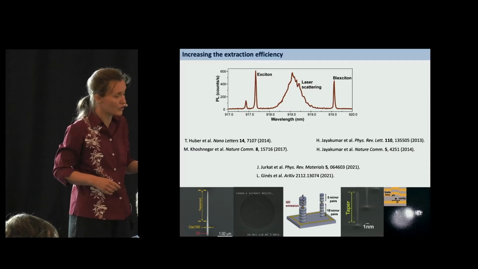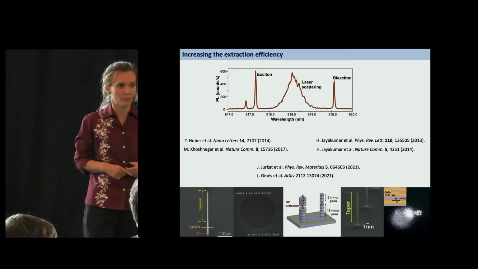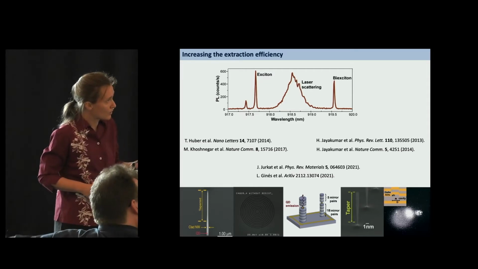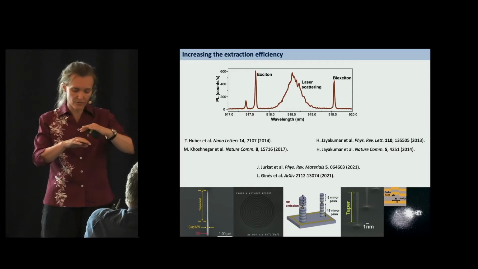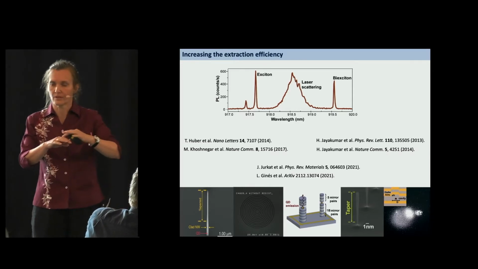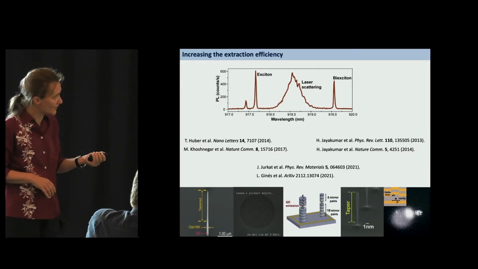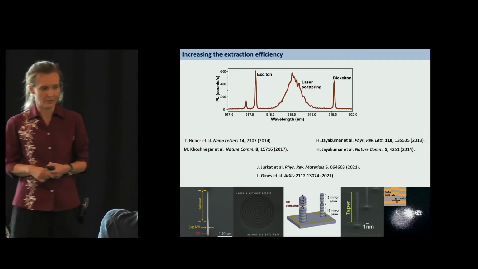This structure has a very popular name. It's called a beer glass cavity. It's very popular on Twitter. And here you have what we call the self-assembled cavities that always form themselves above the site of formation of a quantum dot. But today I'm going to talk about this specific device, which is the low-Q micropillar.